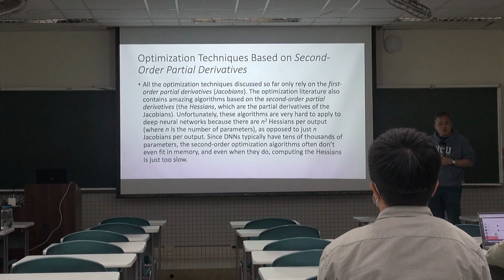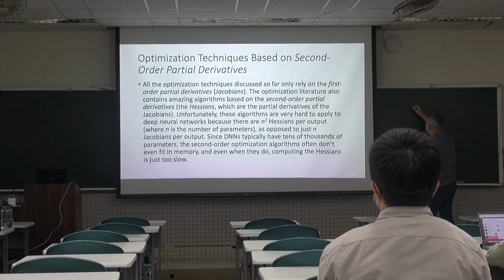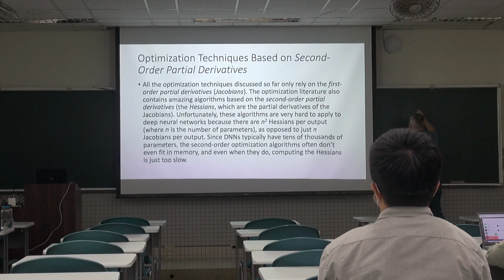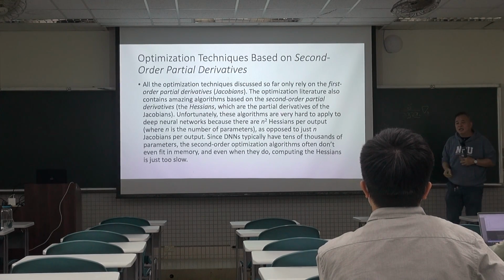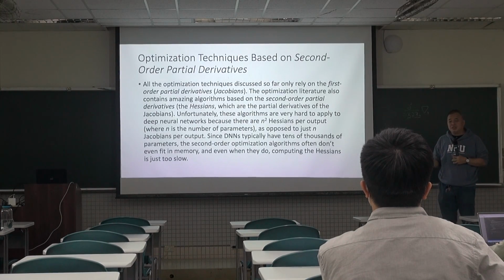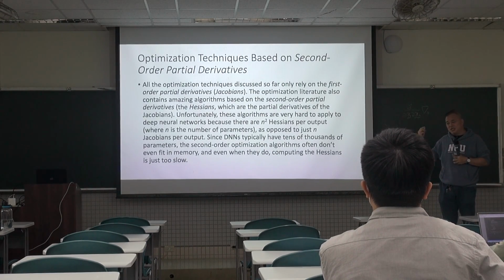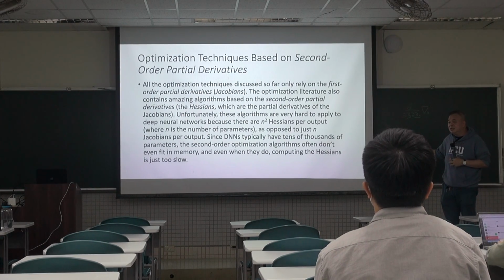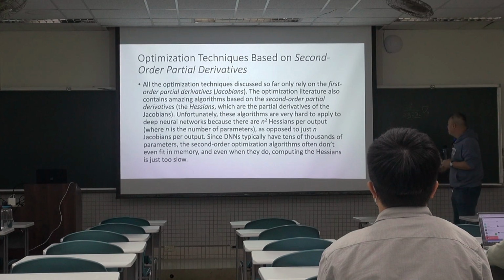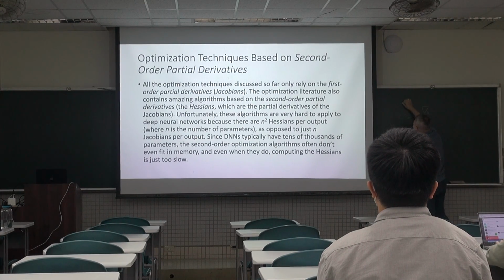But if you are talking about the second order, then it's going to be something like this, right? And this x1, x2 can be any parameter. So if you have 1,000, it immediately becomes a million. You have too many partial derivatives to calculate.